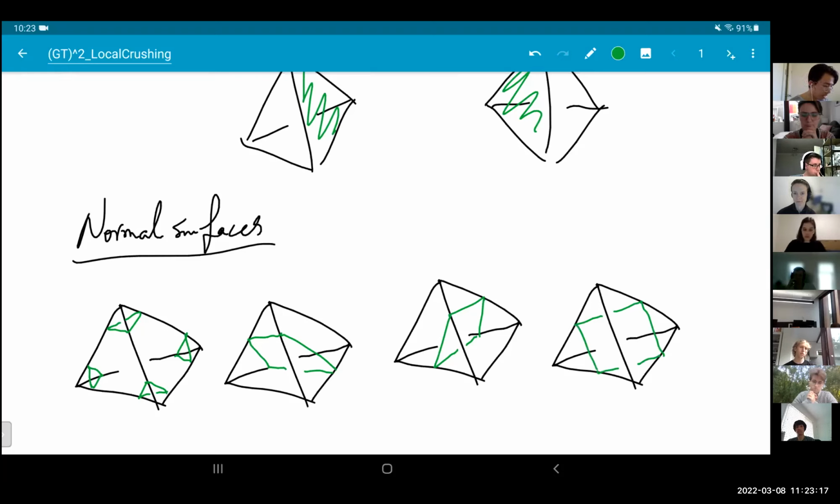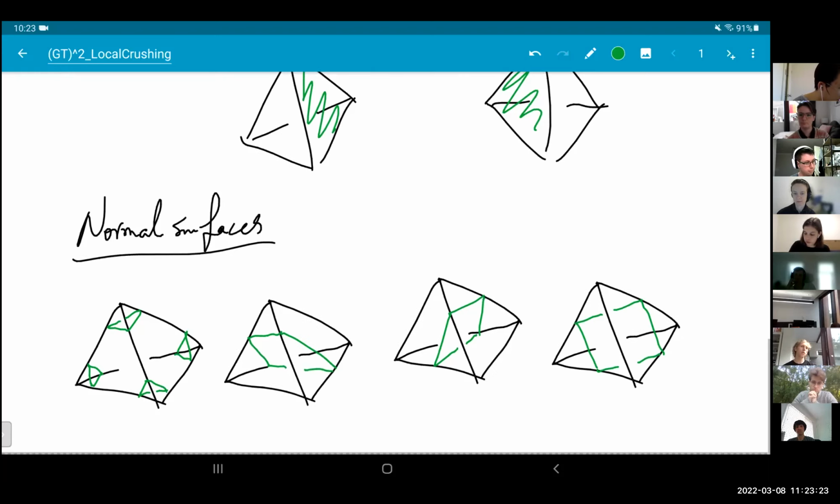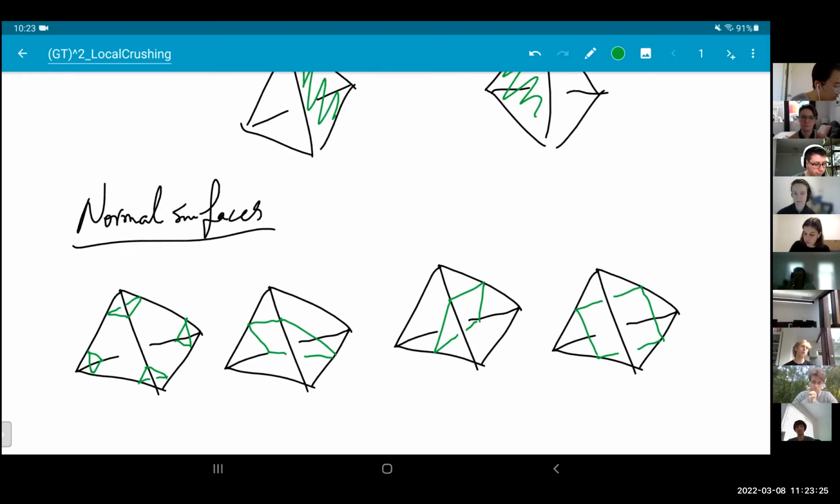So we insist that our normal surface, for it to be normal, it has to meet each tetrahedron in a collection of disks that look like one of these disks that I just drew.